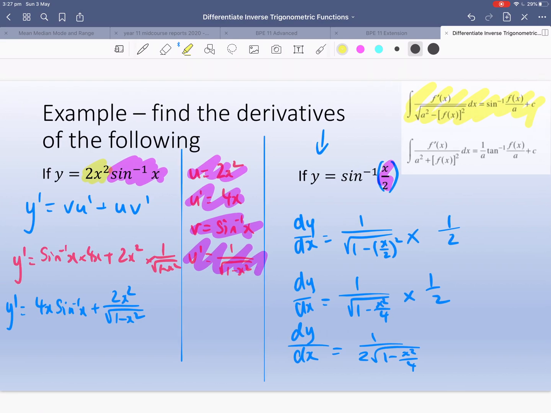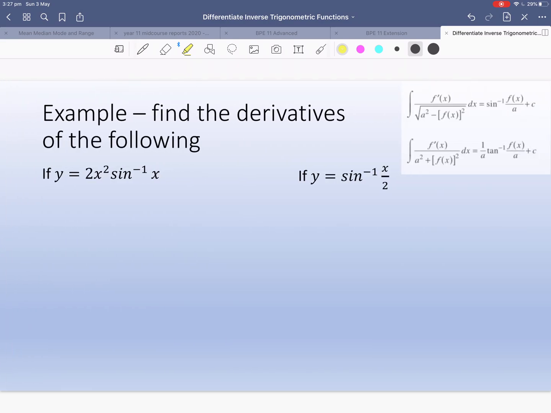All right, let's look at this one from the formula sheet. So if I look at the formula sheet and I'm going this way, I can see that there's a thing here called a, and in this case it's 2. So if I go that way, I'm going to have to go 2 squared. So I'm going to follow this formula, not really thinking about it.